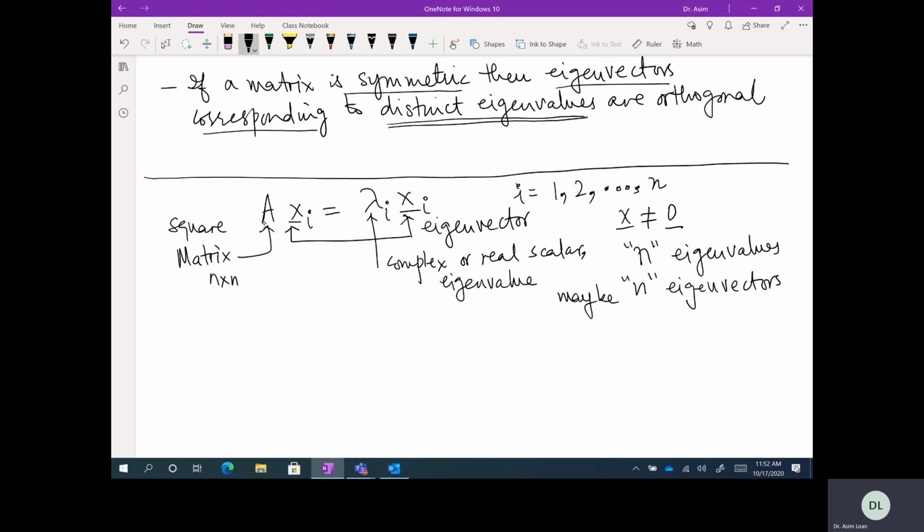If we do not have n eigenvectors, then we have the Jordan form, which is the last section in this chapter, and which tells you that all matrices, whether they have or do not have a full set of eigenvectors, we can always bring to a special form.